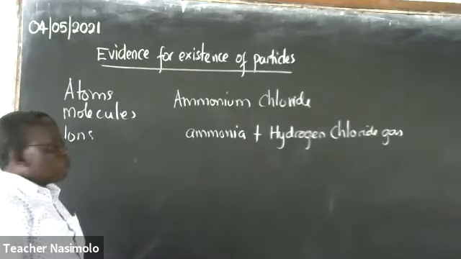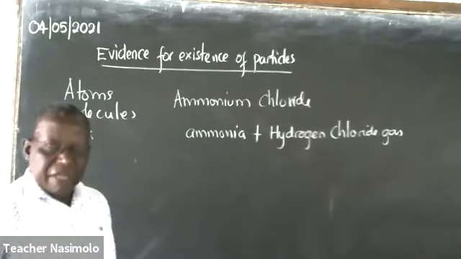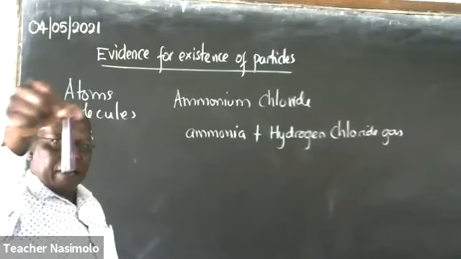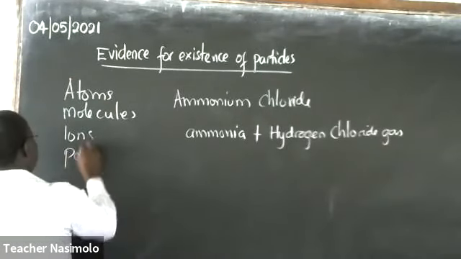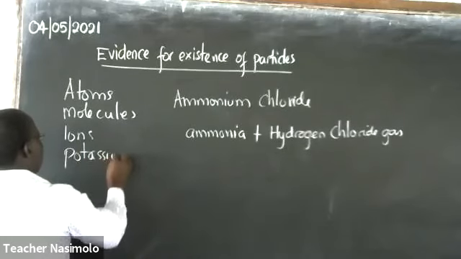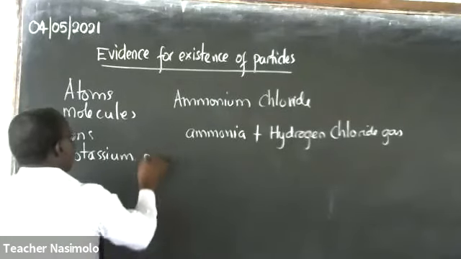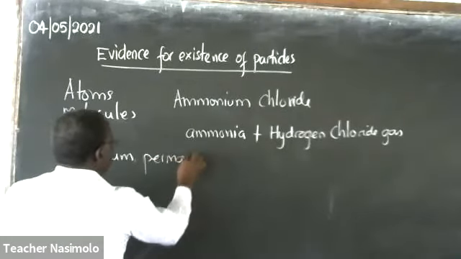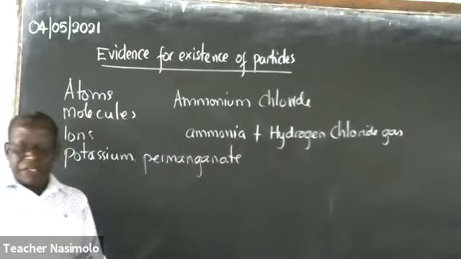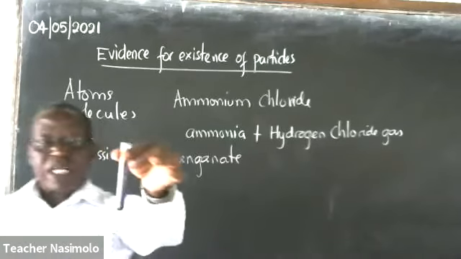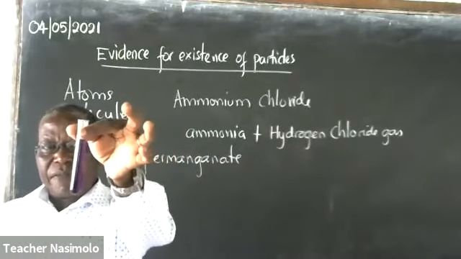So if I want to represent this compound which I added here, we call it potassium permanganate. That is the compound which I mixed with water to form this solution here.